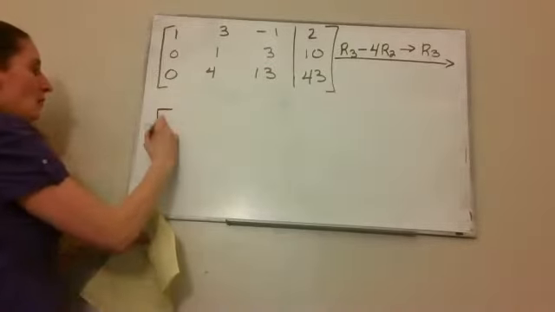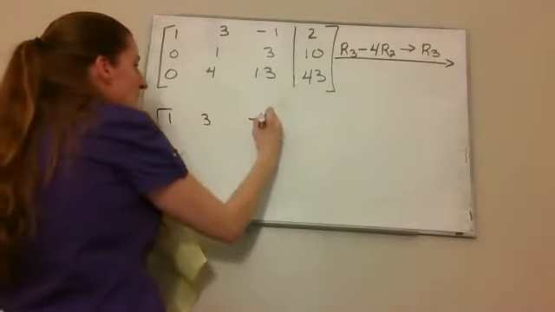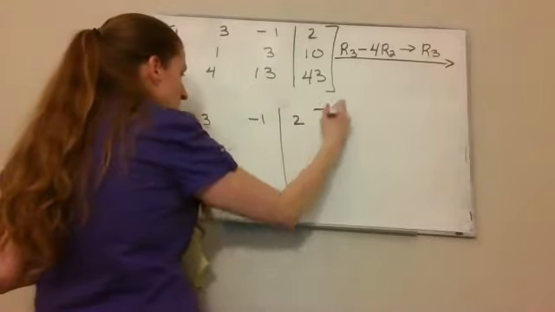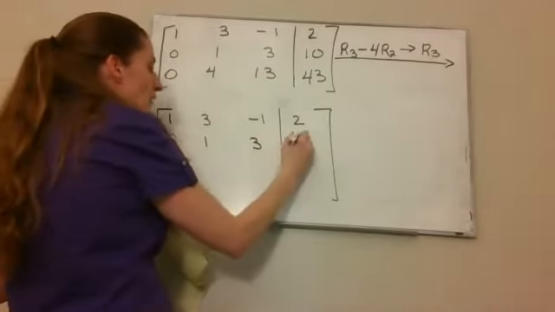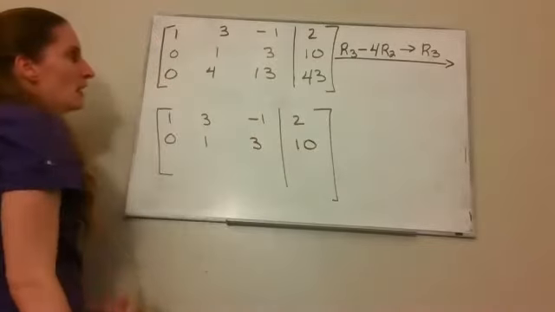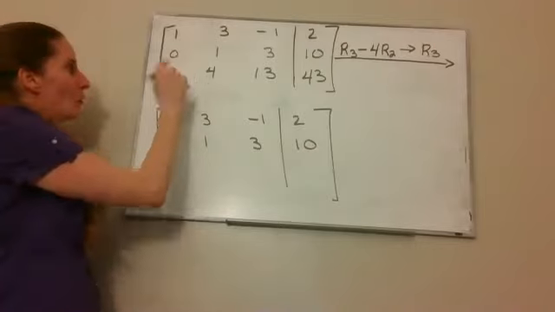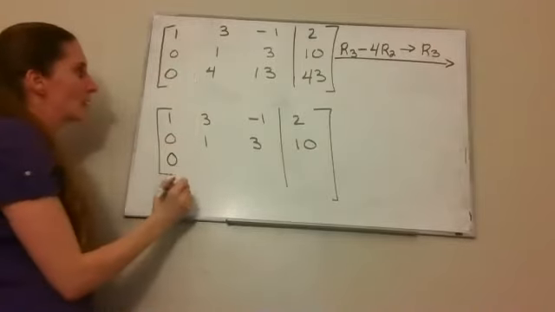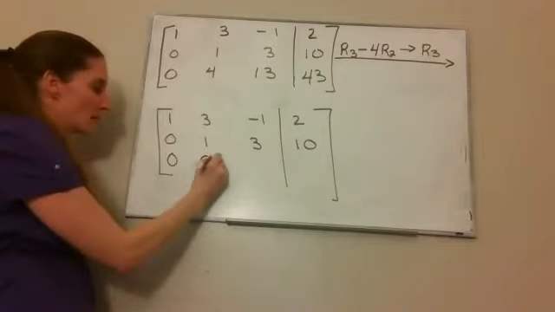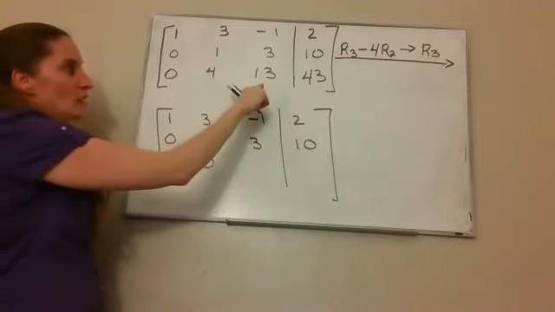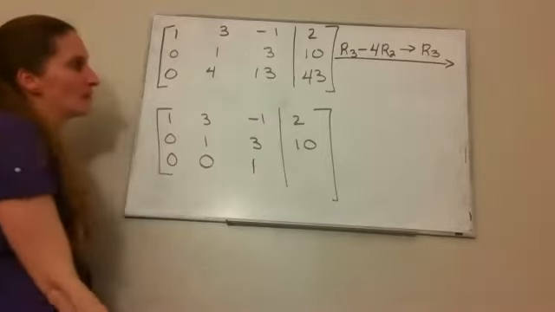Doing this row operation is only going to change row 3. So I'm going to fill in rows 1 and 2. And now for row 3, I have 0 minus 4 times 0. 4 minus 4 times 1. 13 minus 4 times 3, well, that's 1.